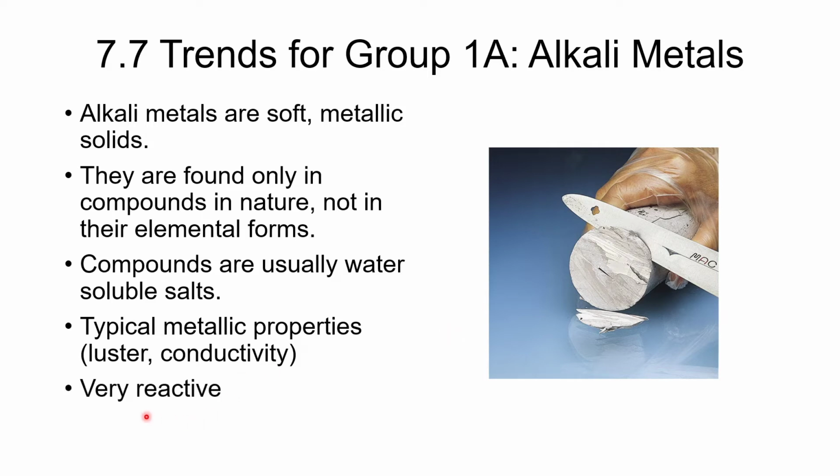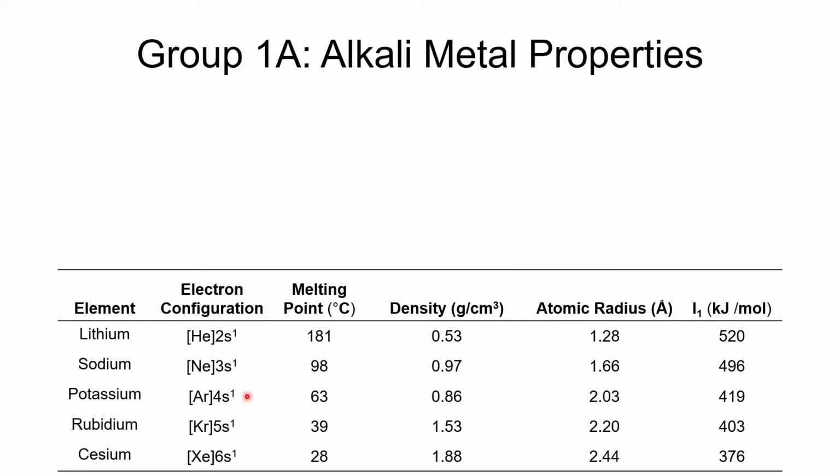All right, and as I mentioned, they are very reactive, so you don't want to get water on your metals, unless your goal is to show how reactive they are. Alkali metals have very low densities and low melting points. So here are electron configurations. We've already looked at those.